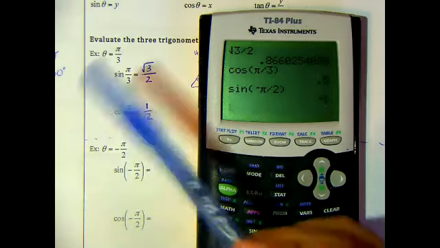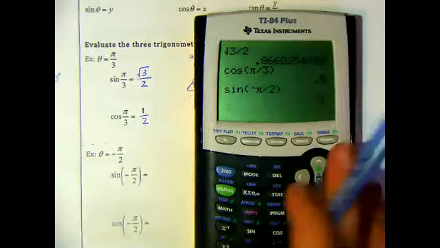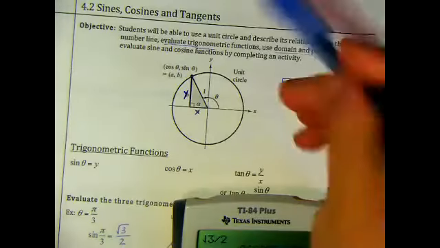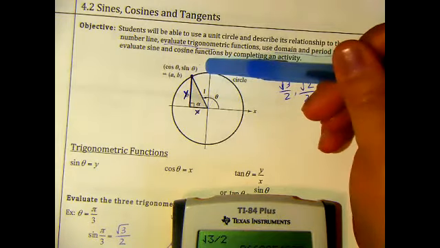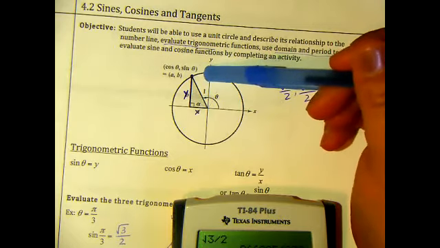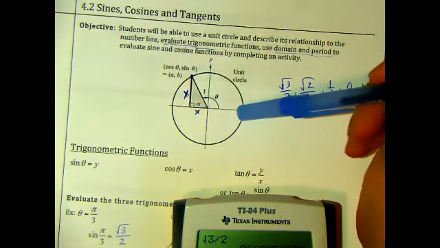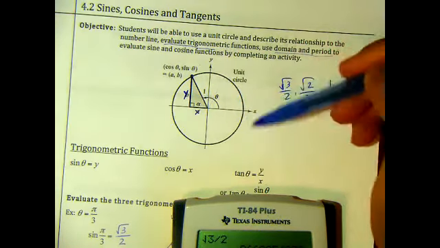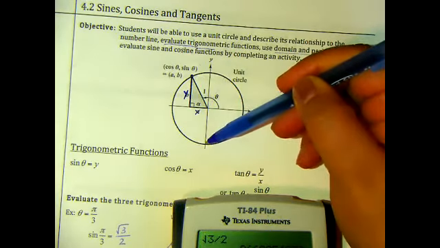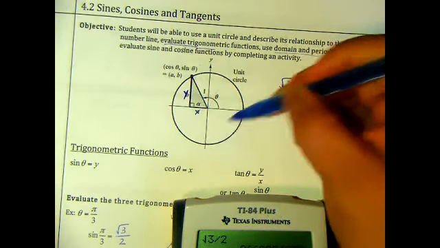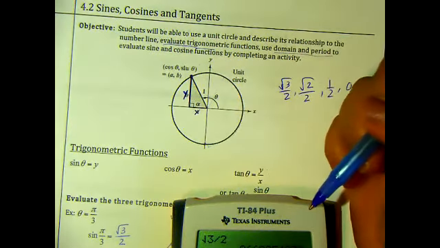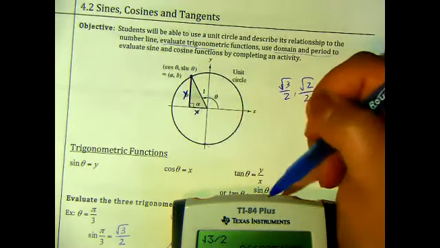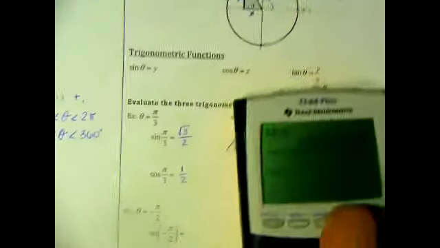Pi over 2 itself in the unit circle is up here. But this isn't just pi over 2, it's negative pi over 2. So in reality, that means that I went this way, and negative pi over 2 stops there. And this is actually positive 3 pi over 2.